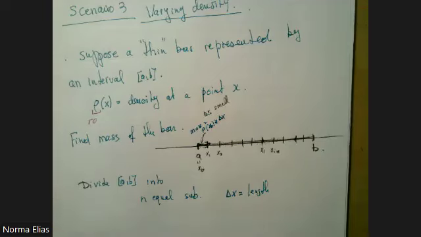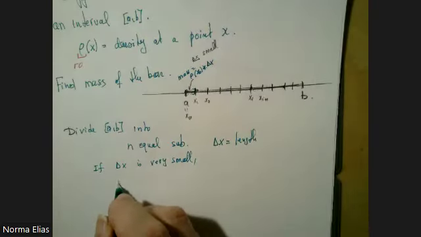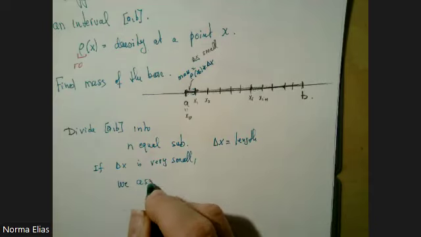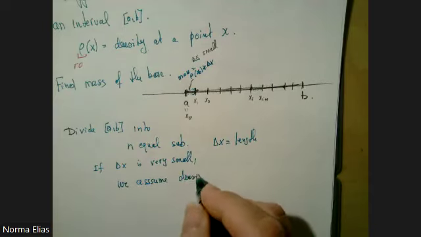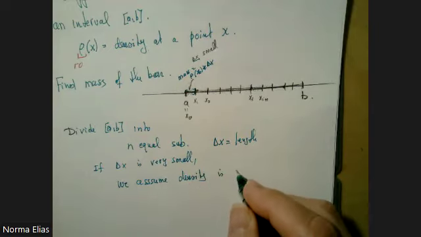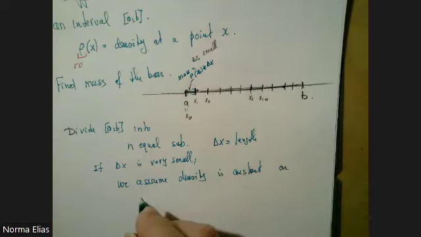So the way we're going to do it is, if delta x is very small, we can assume that the density is constant on each subinterval, or on a typical subinterval.